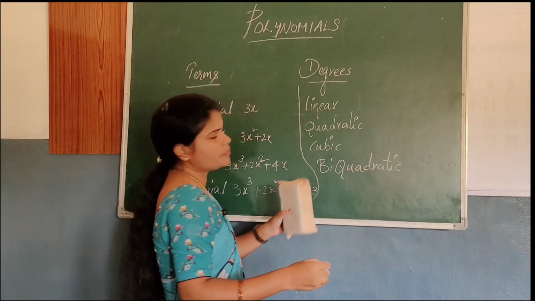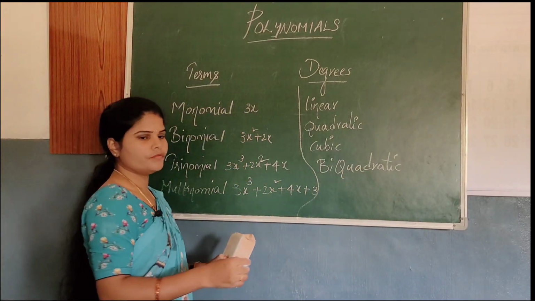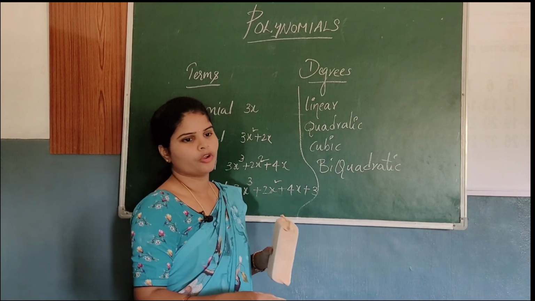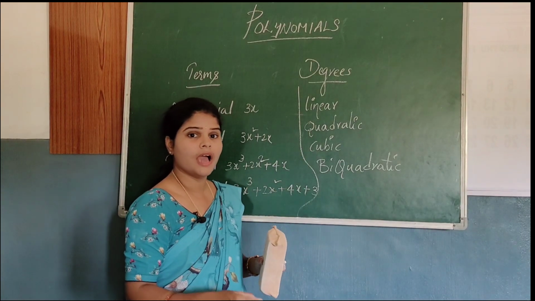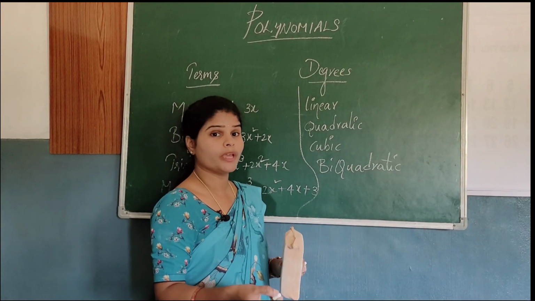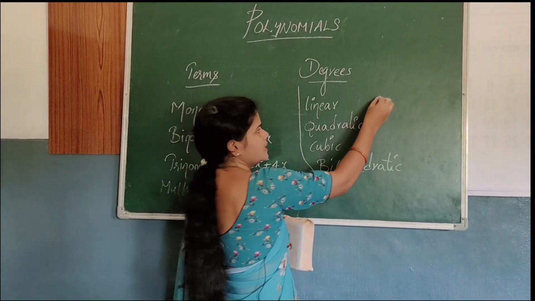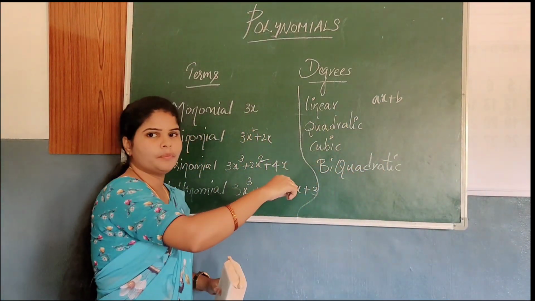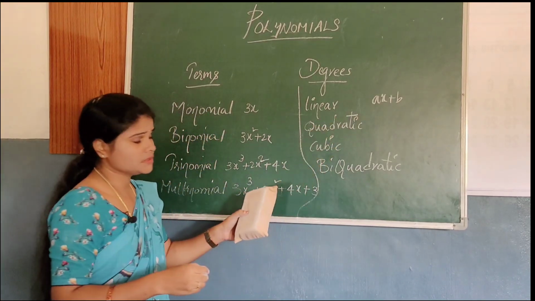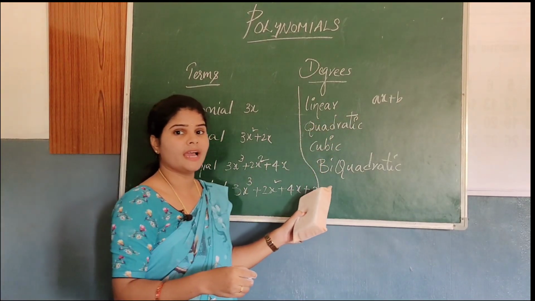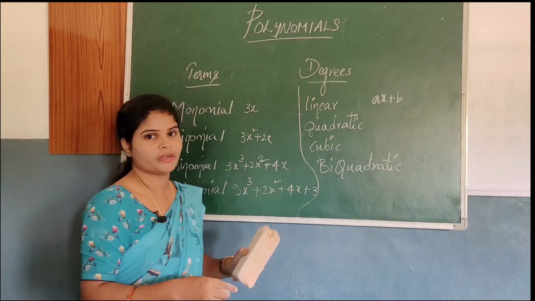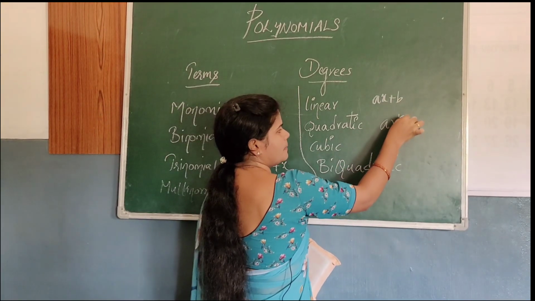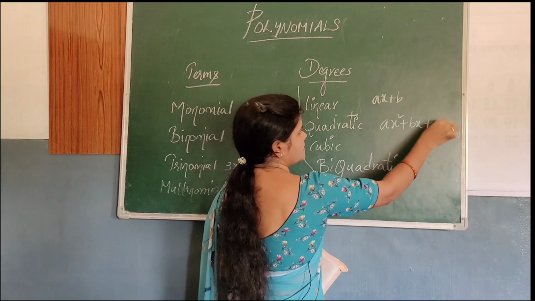Coming to linear polynomial, a polynomial equation which has the highest degree as 1 is called a linear polynomial, and its general formula is ax plus b. Quadratic polynomial: the polynomial equation which has the highest degree 2 is called a quadratic polynomial. Its general formula is ax squared plus bx plus c.